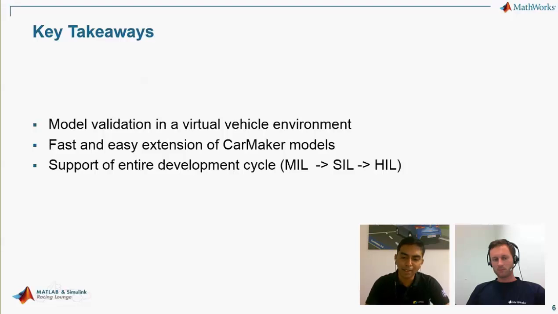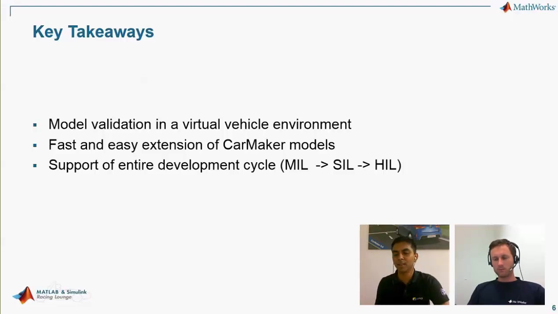And the steps we take here are MIL, which is model in the loop, SIL, which is software in the loop, followed by hardware in the loop, which is HIL. So CarMaker is used at different stages. You can have your own controller models, for example, and then test them in a model in the loop environment, which we just did today.